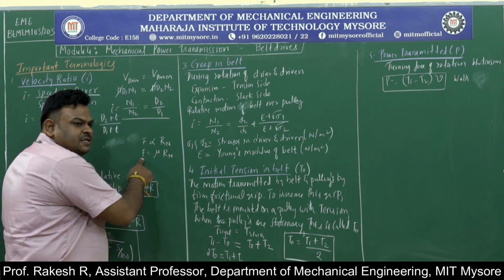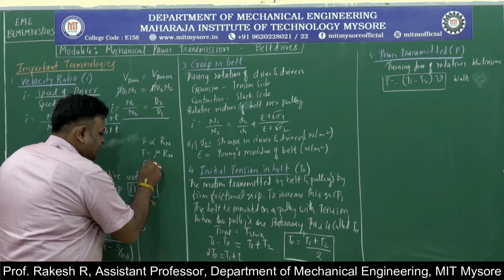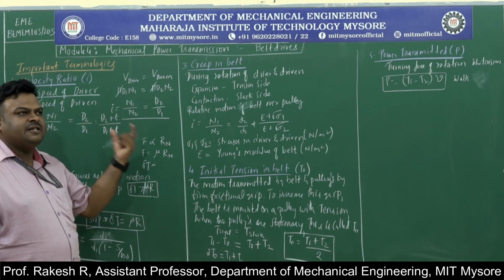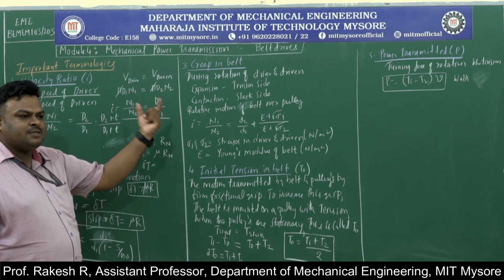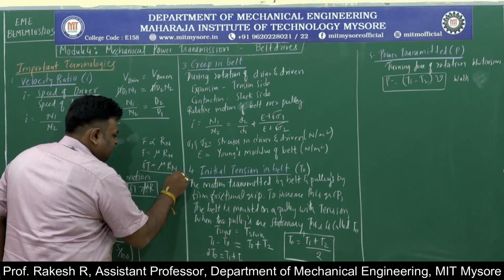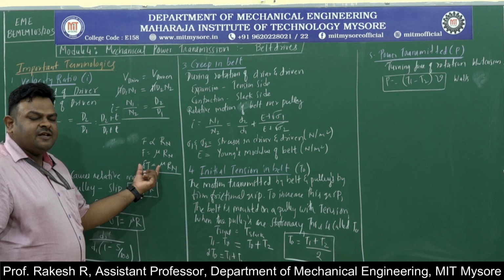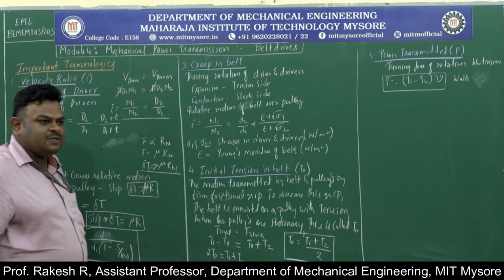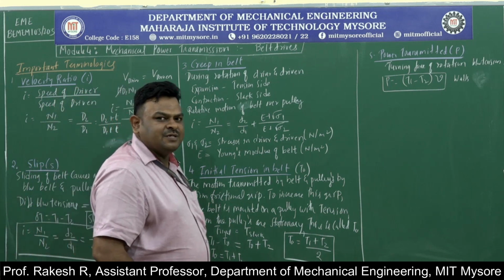So instead of this F, we have delta T. We take forces in terms of tension differences, tight side and slack side, T1 minus T2. When the tension force exceeds mu into Rn, sliding takes place.